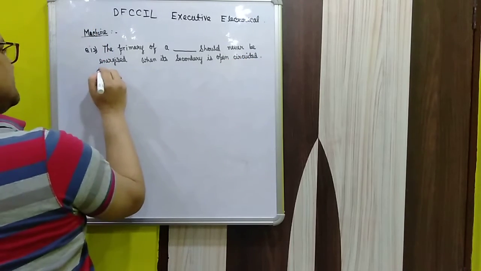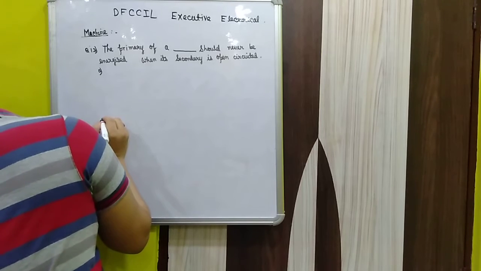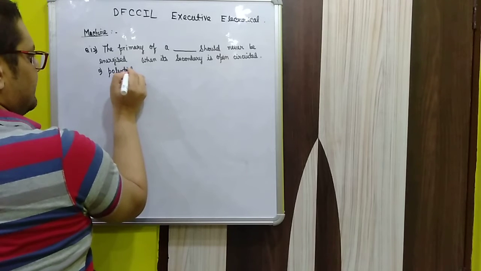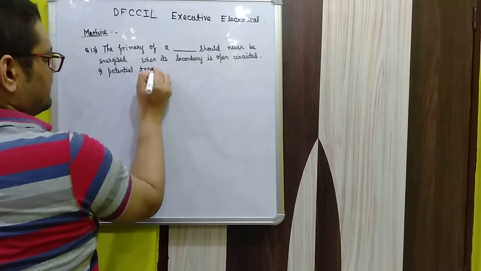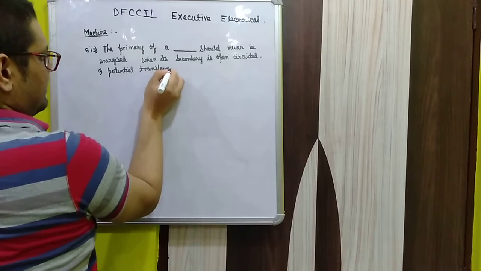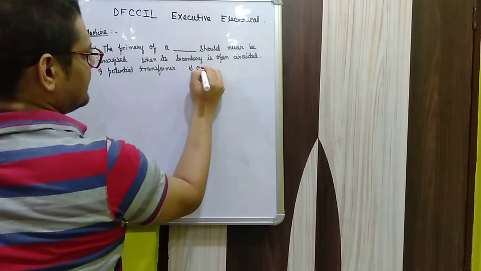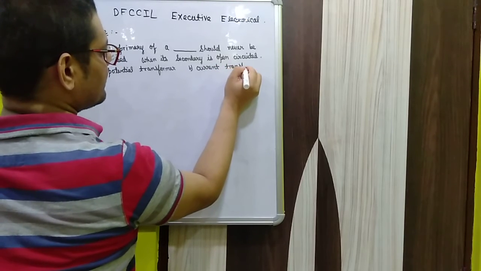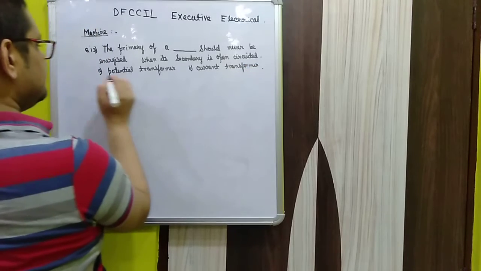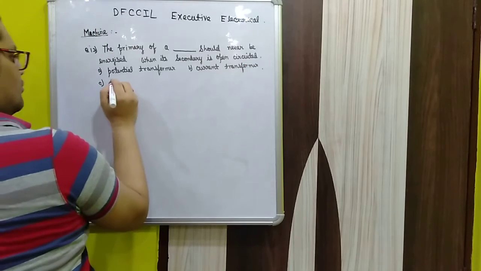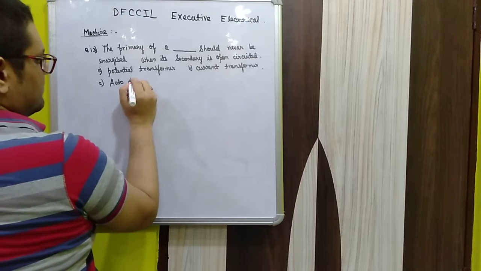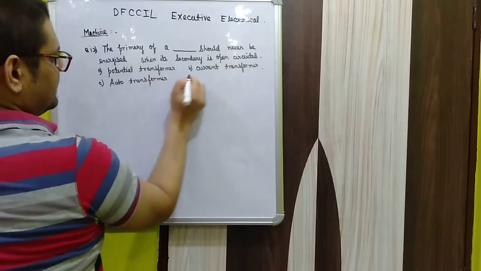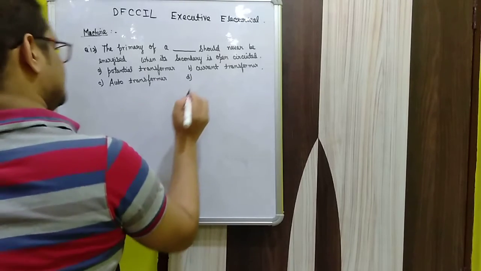Four options are given: option A, potential transformer; option B, current transformer; option C, auto transformer; option D, power transformer.